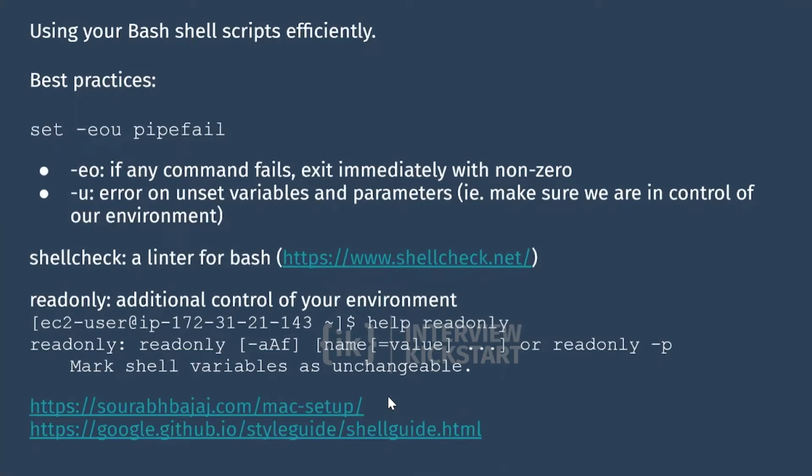And the last link is a very useful thing for you to review and try to understand why Google is recommending these things. This is a style guide for shell scripting and for bash. It's very useful to go through it, incorporate some of those things into your own scripting, and also try to understand why they are recommending that. Why does Google think that's a standard practice?